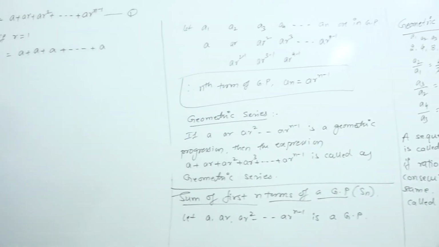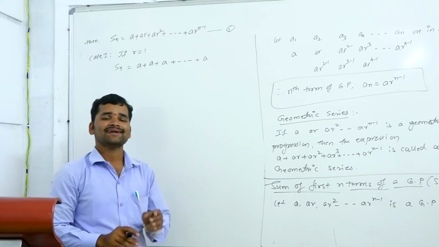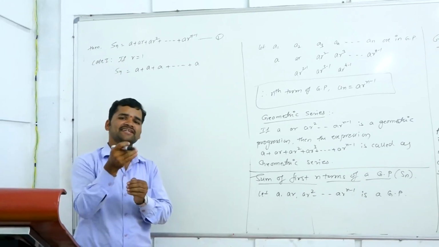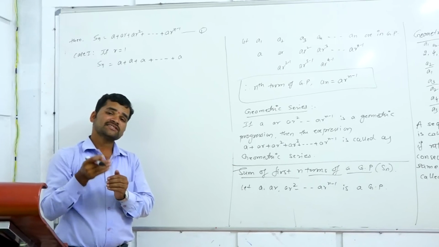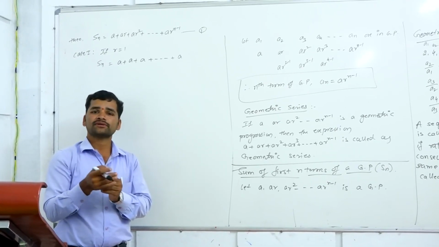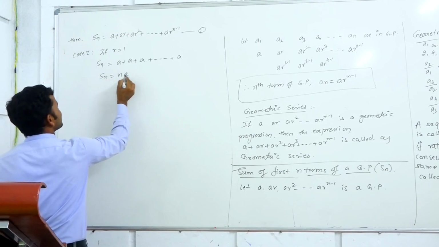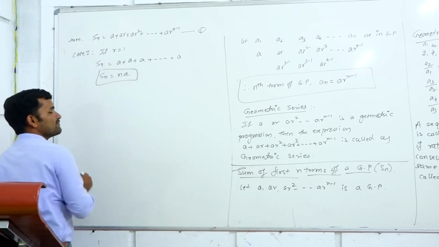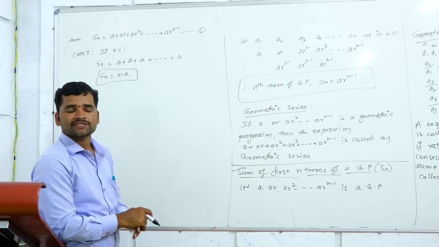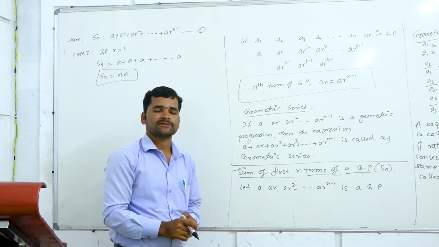How many a's are there? Here n times a is getting added. So we will write here Sn is equal to n into a. This is the simple formula for sum of first n terms of geometric progression.